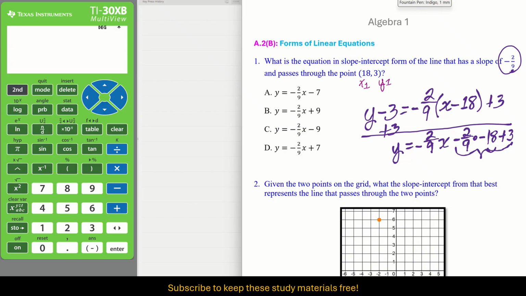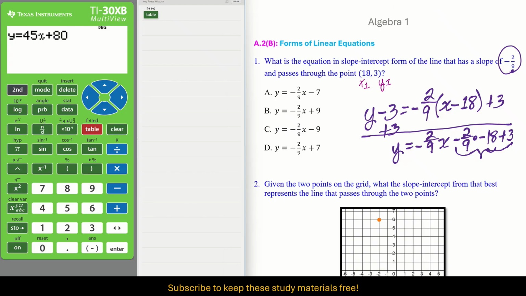Or we could guess and see what happens. Whichever way you want to do it. You could just try every one in the calculator and see which one ends up being the correct one. Either way, let's give it a go.